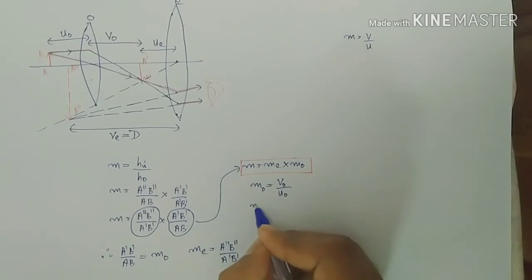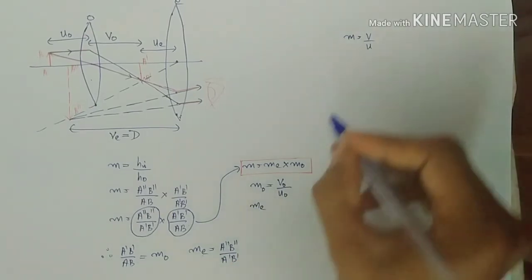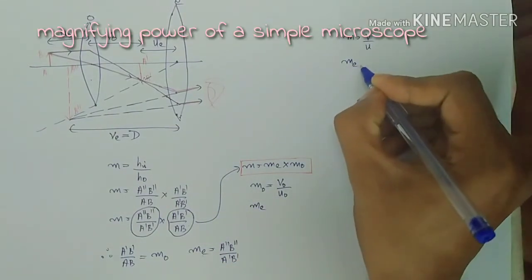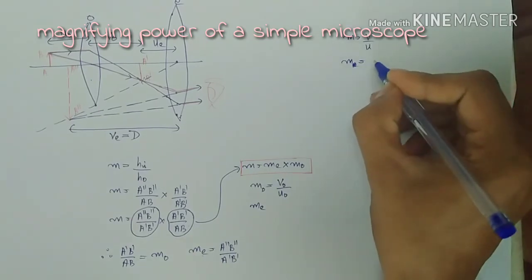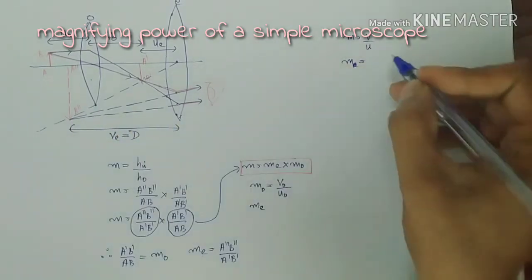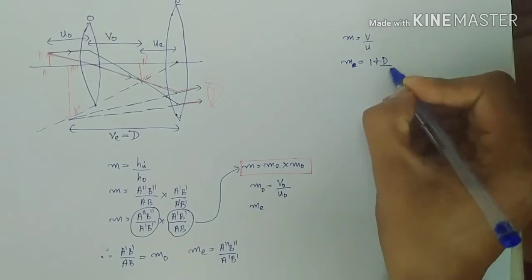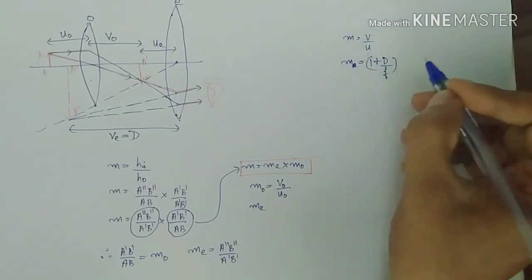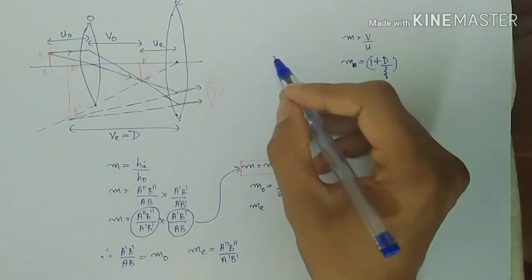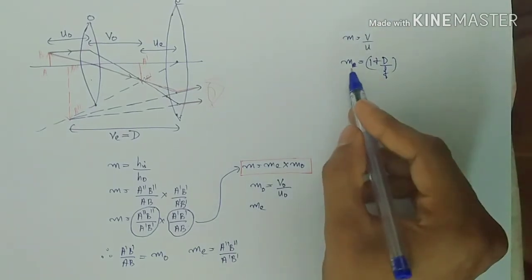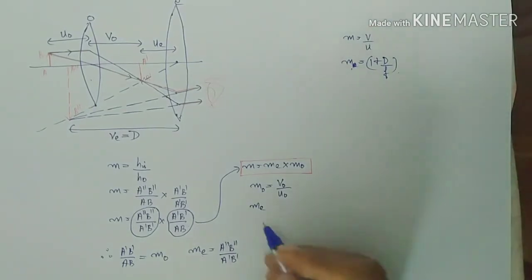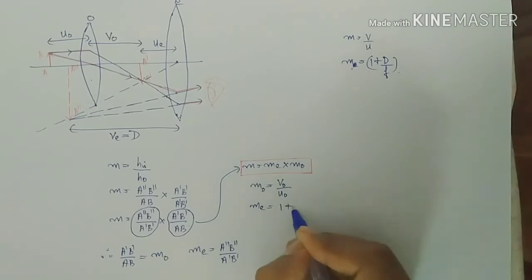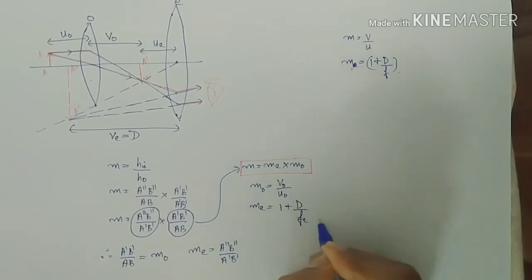Therefore, the magnifying power of eyepiece, we know the magnifying power of a simple microscope at D distance, it is 1 plus D by F. We have studied it in the derivation of simple microscope. Therefore, ME will be 1 plus D by FE.